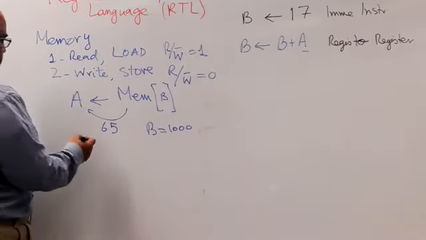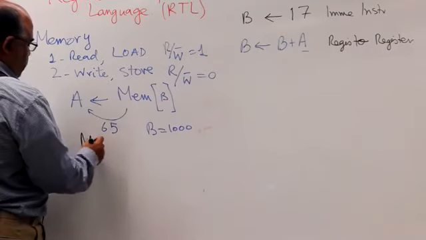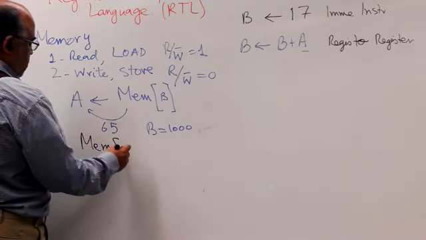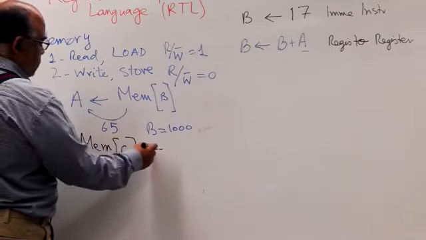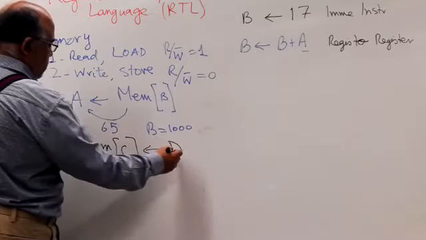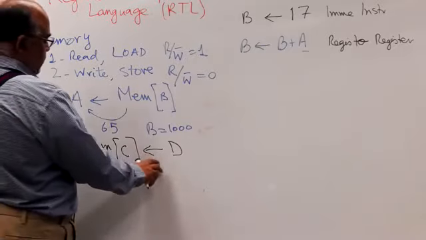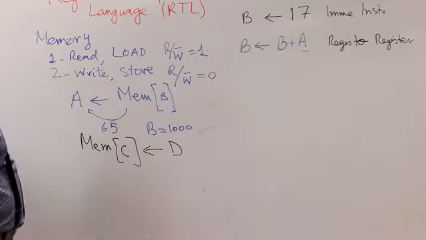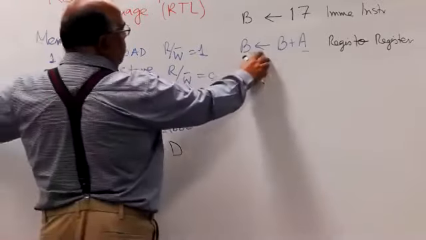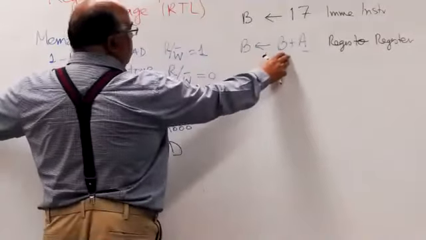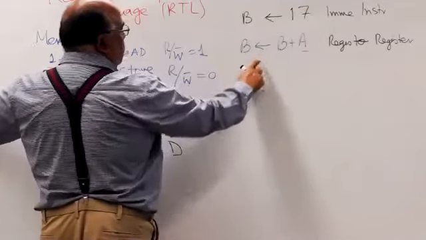Similarly, I can say this memory location C gets the value D. This is called "gets the value", and this happens at a clock pulse. Every time you see this arrow, it means there is a register, and this value goes to that register on a clock pulse.